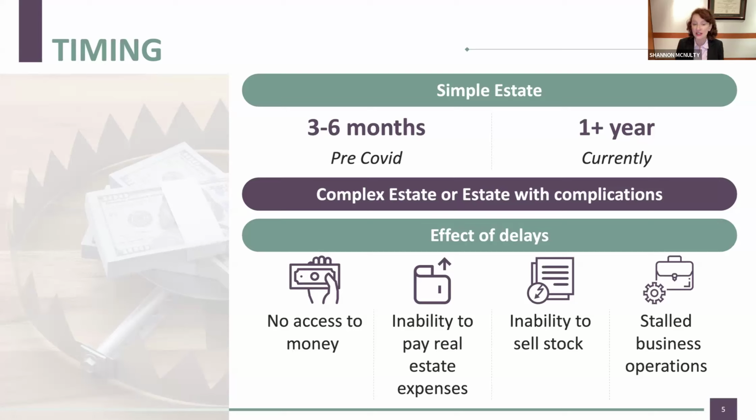One of them is there's just no access to money. If all of those assets were probate assets, and a mortgage needs to be paid, rent needs to be paid, kids need to be taken care of, lawyers need to be paid, all kinds of expenses, funeral bills, things like that, there's no access to money, and that causes a lot of problems.